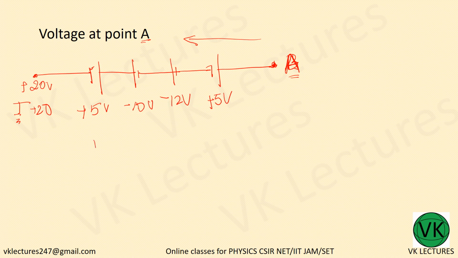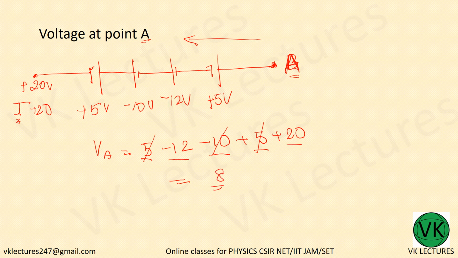Now then VA is equal to 5 minus 12 minus 10 plus 5 plus 20. 5 plus 5 minus 10, so that is gone. Minus 12 plus 20, that is 8. So VA is equal to 8 volt. This point, what is the potential? 8 volt.